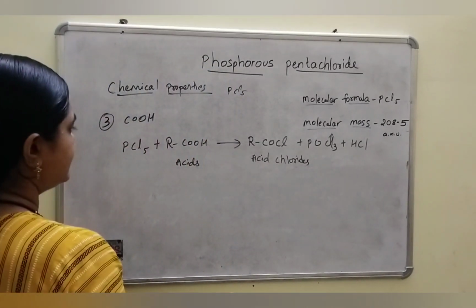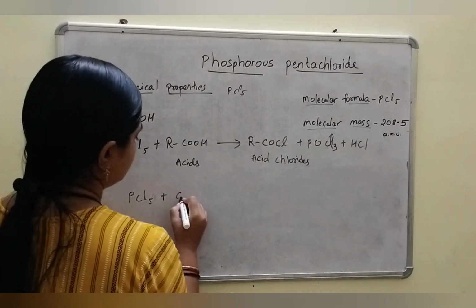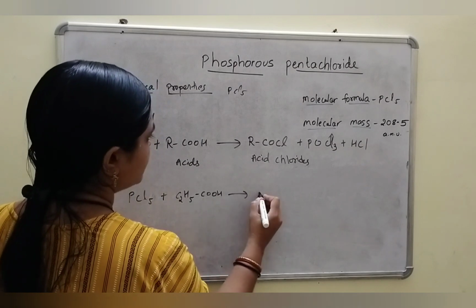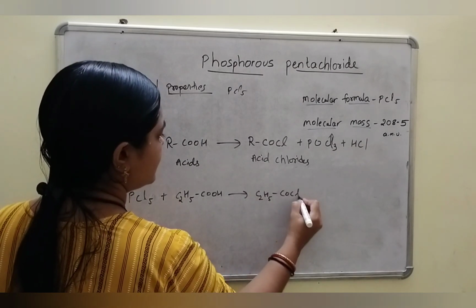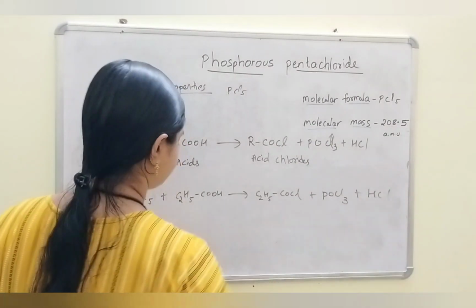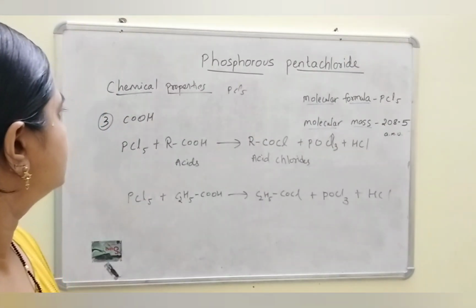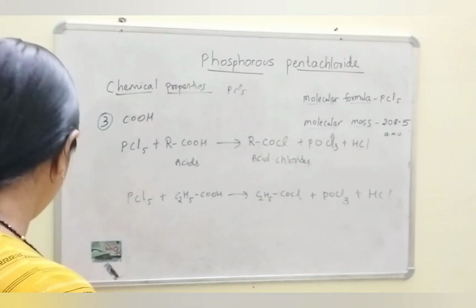So let's take an example: phosphorus pentachloride treated with C2H5COOH gives C2H5COCl plus POCl3 plus HCl. So this is the third property of phosphorus pentachloride.